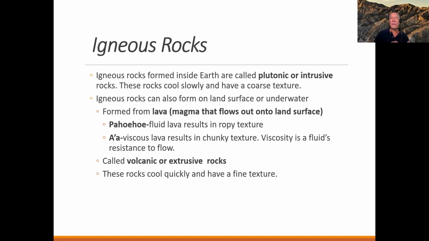As the lava is very hot coming out of a volcano, it flows fairly easily and you get ropey lava. As it flows away from the volcano, it cools and thickens, and instead of flowing easily, it breaks into chunks and pieces, and that's how we get that chunky lava.